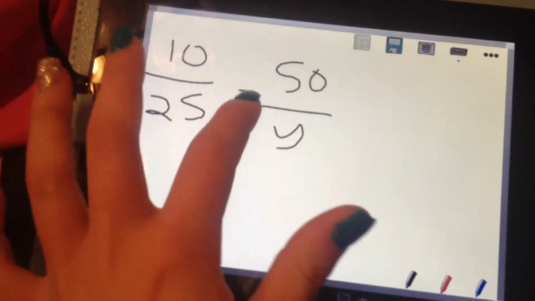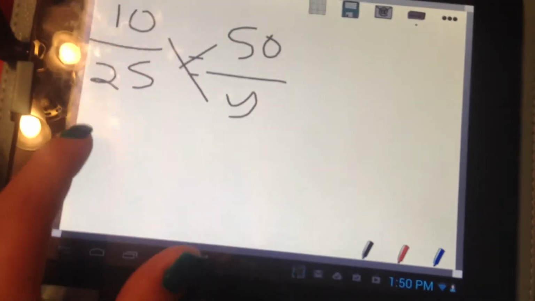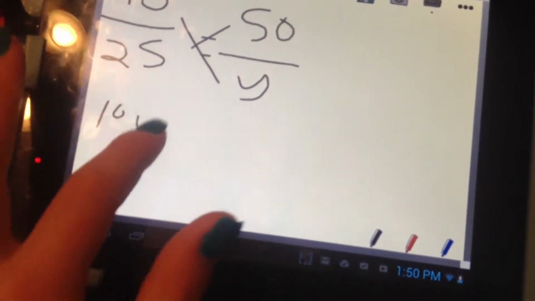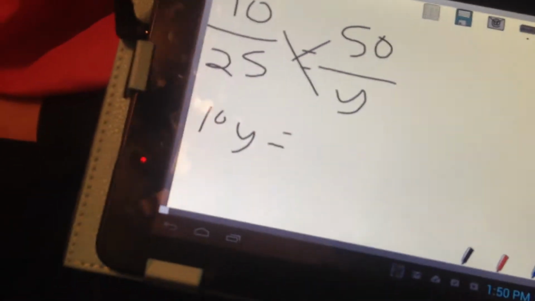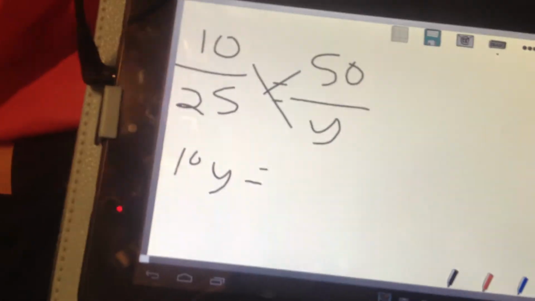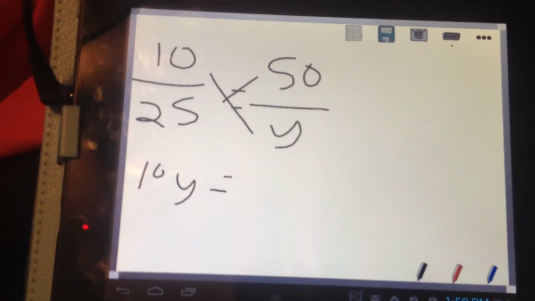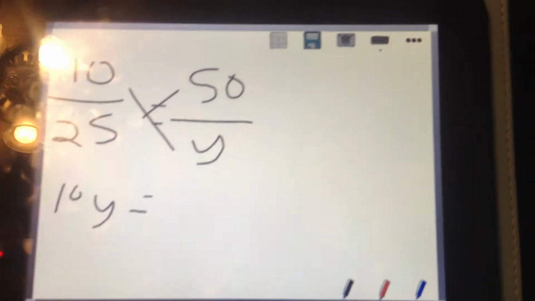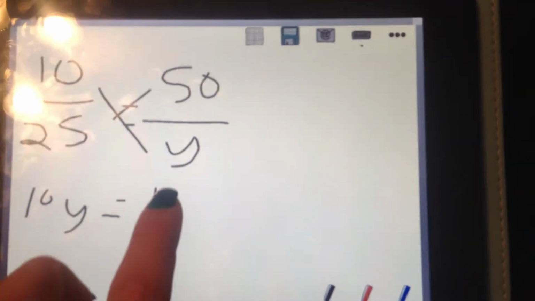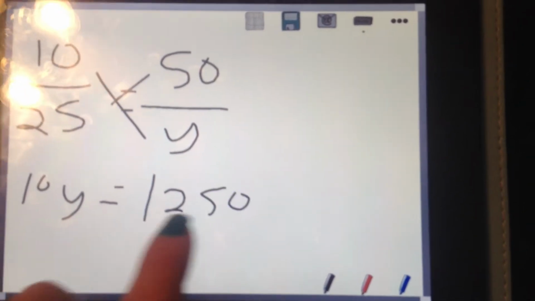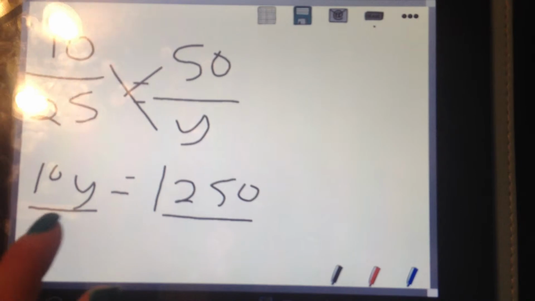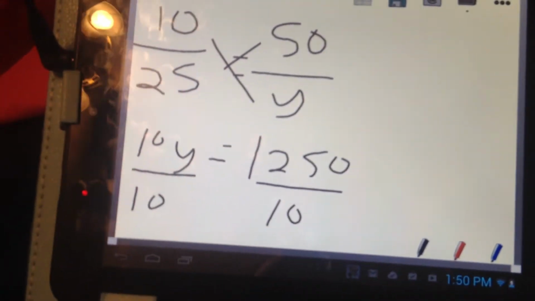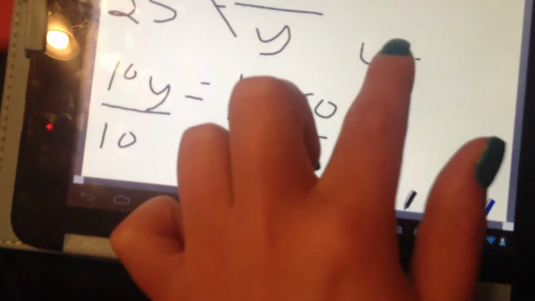So, cross multiply again. 10y equals 25 times 50 equals 1,250, and we're going to divide both sides by 10 to get the variable y isolated.